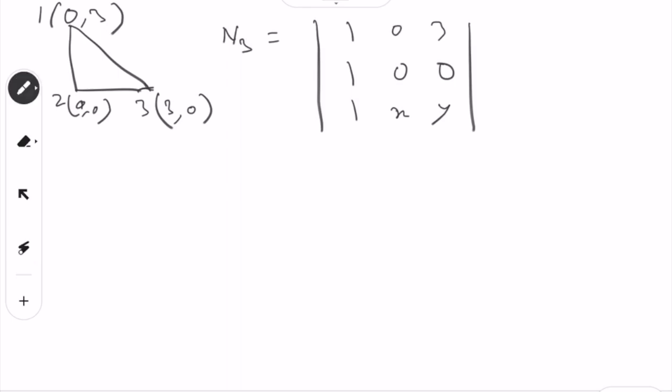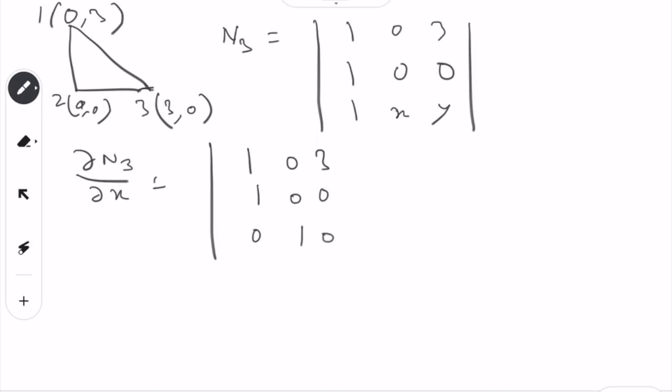So this will be del n3 over del x is equal to 1 0 3, 1 0 0 and 0 1 0, and that will be equal to, so if you take 1 it will be 0 only, 0 0 only, 3 you get 3 multiplied by 1, so it becomes equal to 3.